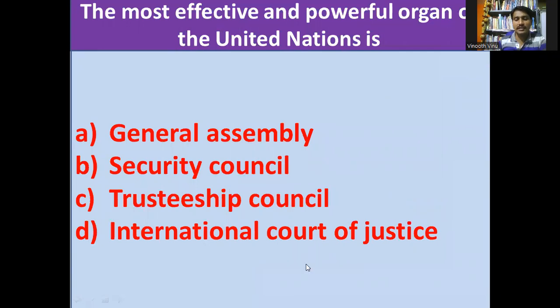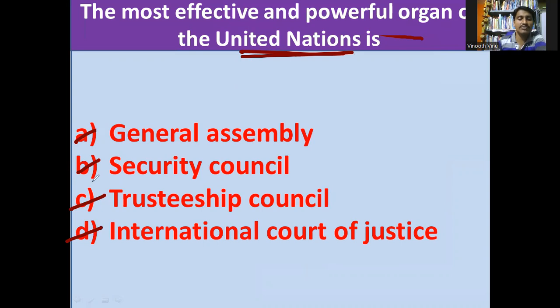Coming to the next news, the question is: the most effective and powerful organ of the United Nations is option A General Assembly, option B Security Council, option C Trusteeship Council, option D International Court of Justice.